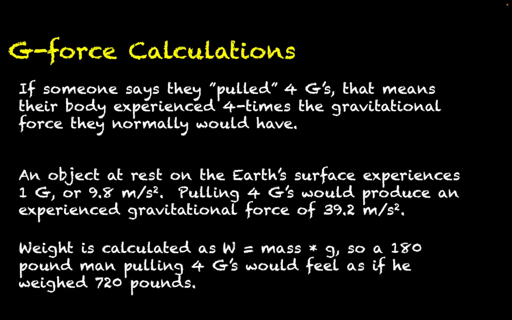So weight is actually just a force, a gravitational force, that is exerted on an object on Earth's surface. So weight is equal to mass times the Earth's force of gravity. So a 180-pound man that is pulling 4 Gs would feel as if he weighed 720 pounds, which is 4 times 180.